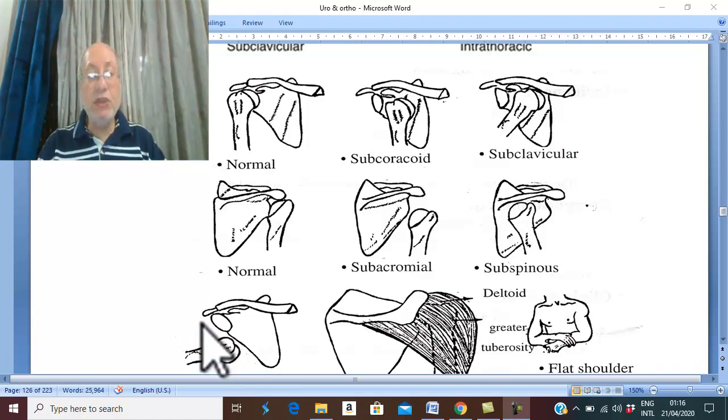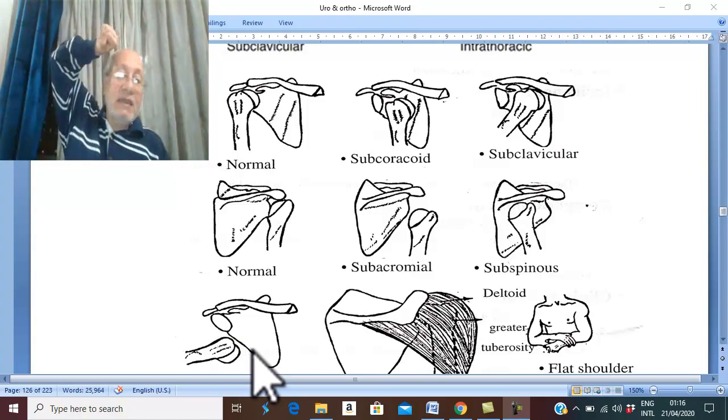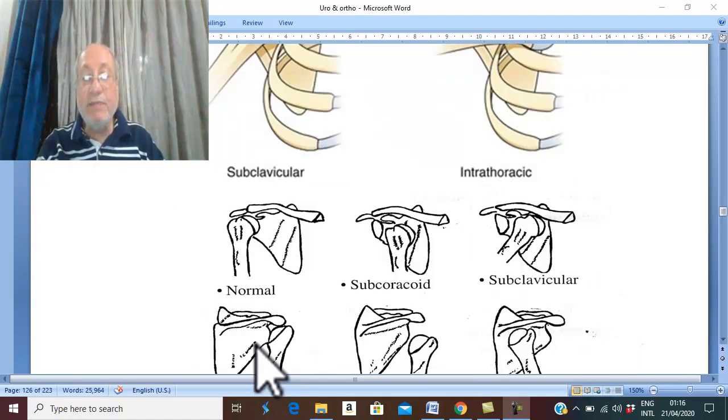Very, very rarely there is this dislocation, which is called inferior dislocation. What is inferior dislocation? Inferior dislocation is when the head of the humerus is dislocated and glides on the lateral border of the scapula with a fully abducted arm, like this patient.